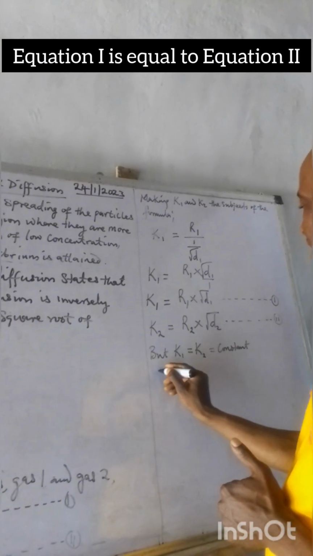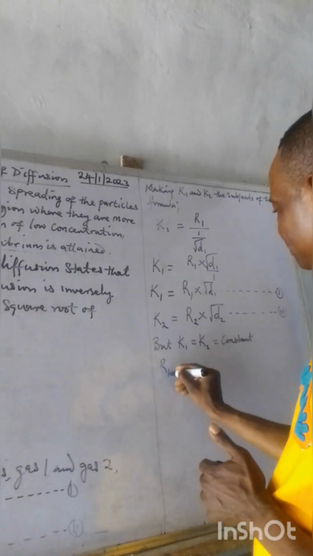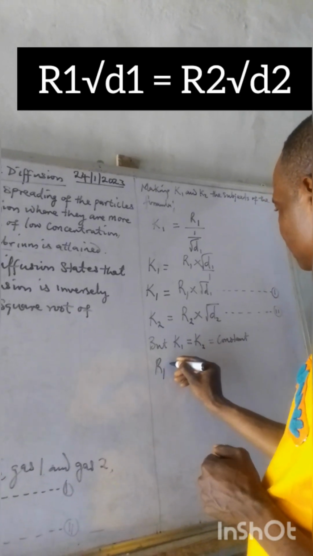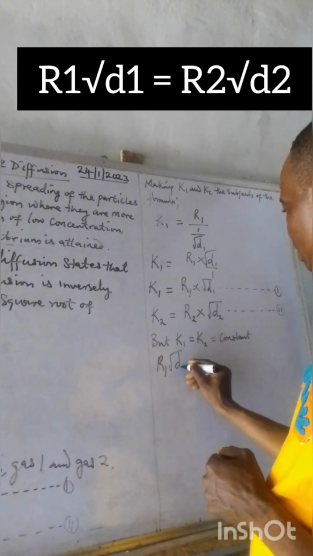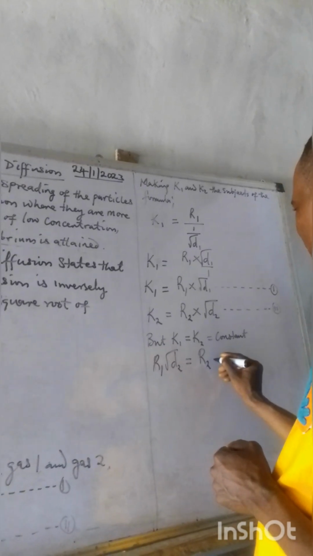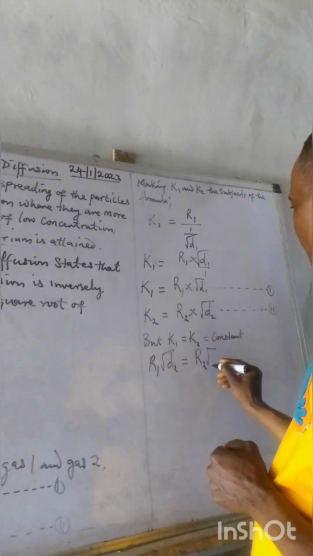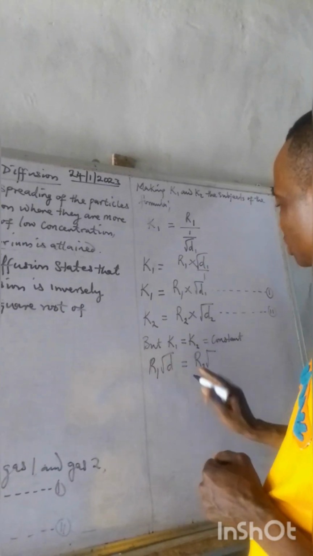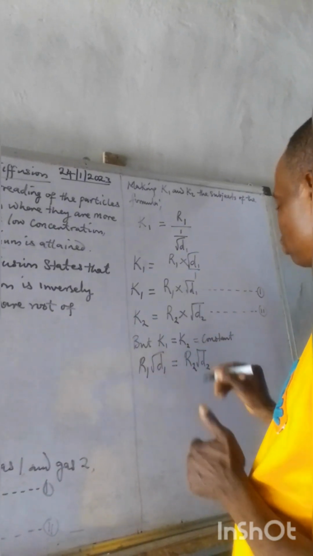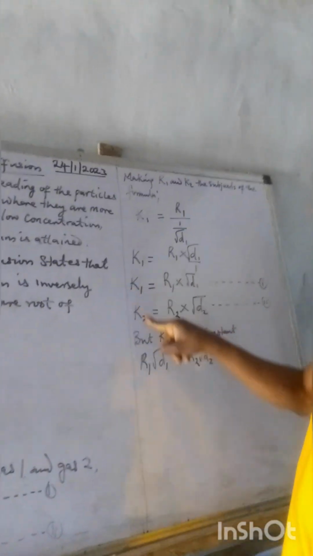And we can say that R1 square root of d1 equals R2 square root of d2, since K1 is equal to K2.